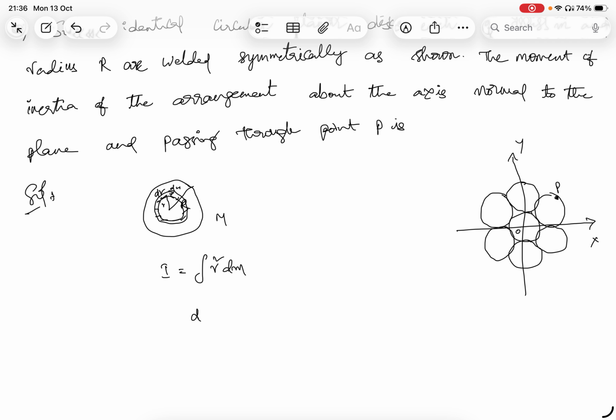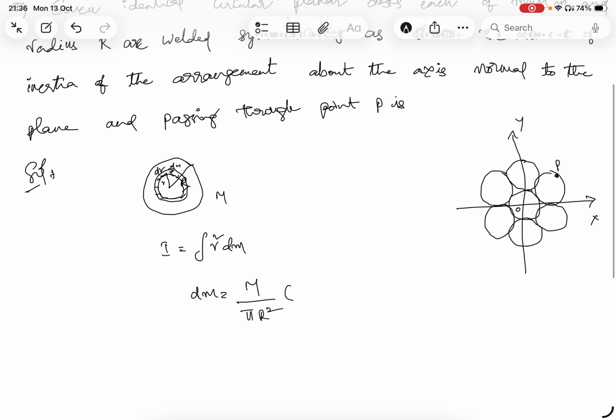Then this elemental strip's mass is: total mass m divided by the area pi R squared, into the elemental area 2 pi r dr. This pi will go off. Then we are left with 2m by R squared into r dr.